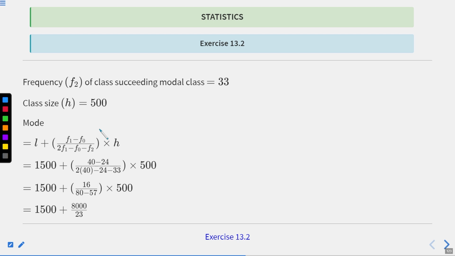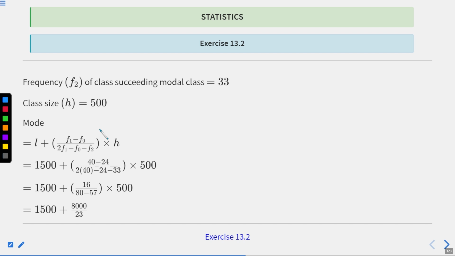Here L is 1500, f1 is 40, f0 is 24, f2 is 33, and h is equal to 500. Substituting these values, we get mode equal to 1500 plus (40 minus 24) divided by (2 times 40 minus 24 minus 33) times 500.